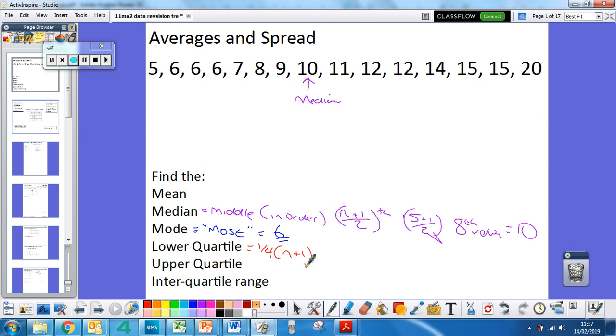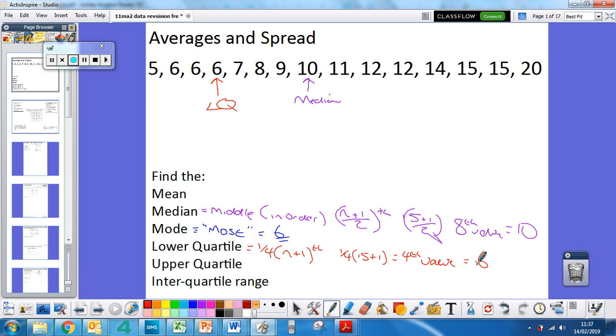As before, n is the number of items in the list, in this case 15. So we're going to look for 1/4 of 15 plus 1, so 1/4 of 16. This becomes the 4th value in the list: 1st, 2nd, 3rd, 4th. This value is the lower quartile. It is 1/4 of the way through the data set. So in this case, the answer is 6.